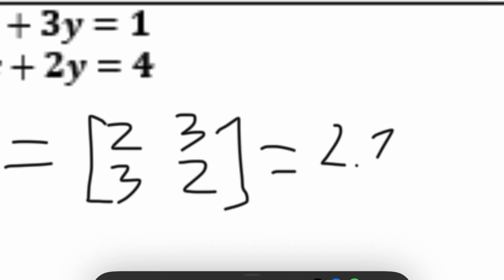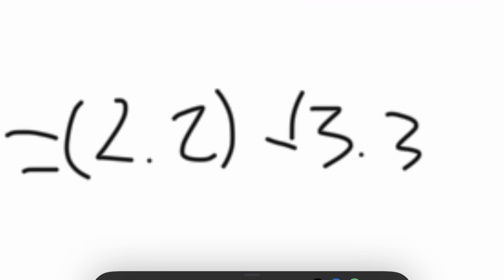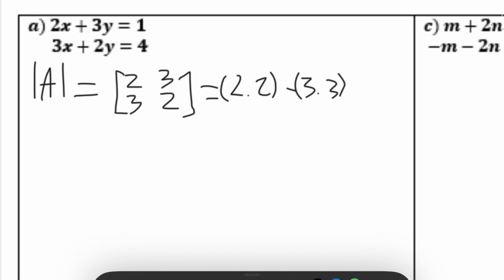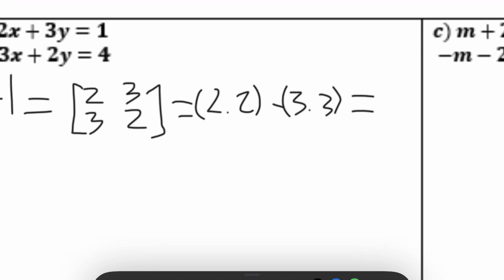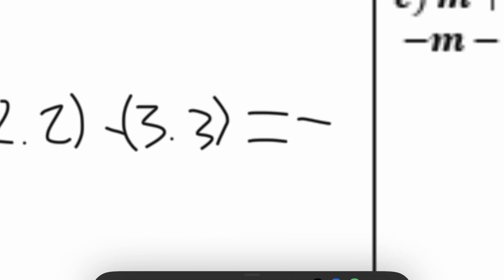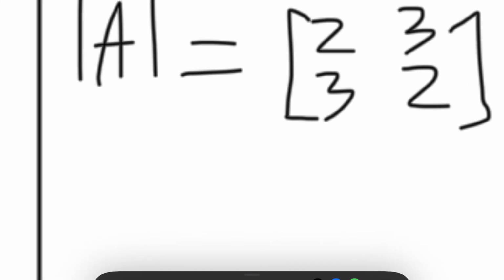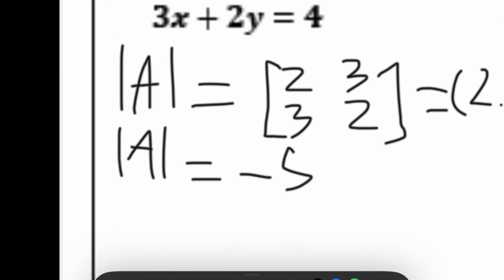So it would be 2 times 2 minus 3 times 3. 2 times 2 is 4, minus 3 times 3, which is 9. 4 minus 9 gives us minus 5. Our main determinant is minus 5.